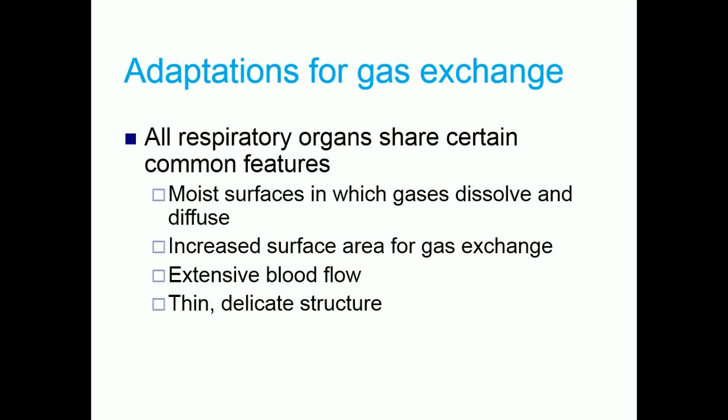The more blood flows through gas exchange membranes, the more oxygen and carbon dioxide can be transported across the respiratory surface. And finally, all respiratory organs have a very thin and delicate structure.